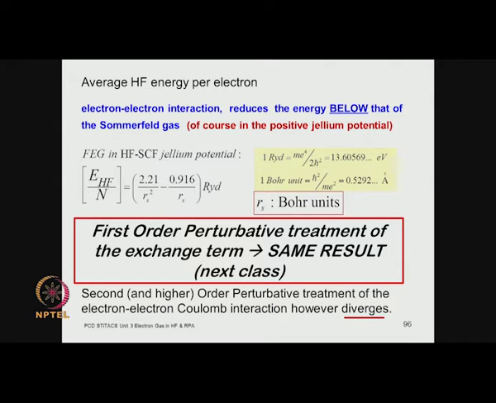But then if you do second order and higher order corrections according to perturbation theory, then the perturbation series does not converge. What happens is that the electron-electron Coulomb interaction term gives you a divergence. So, up to first order there is no problem, but second order and beyond you start getting divergence.